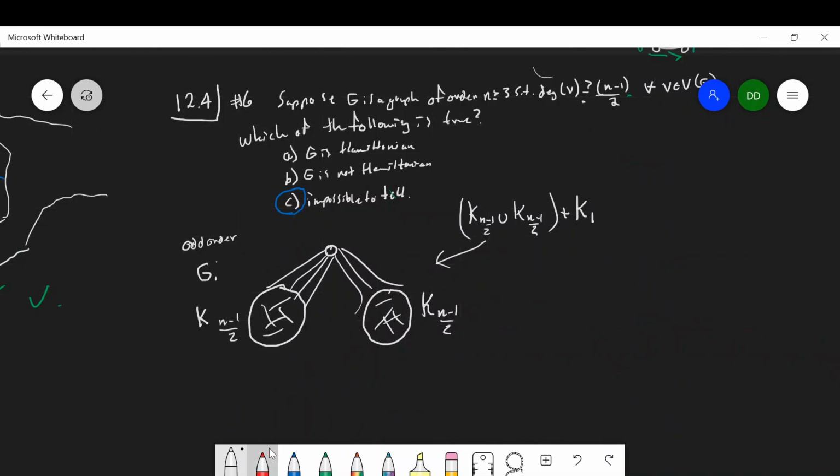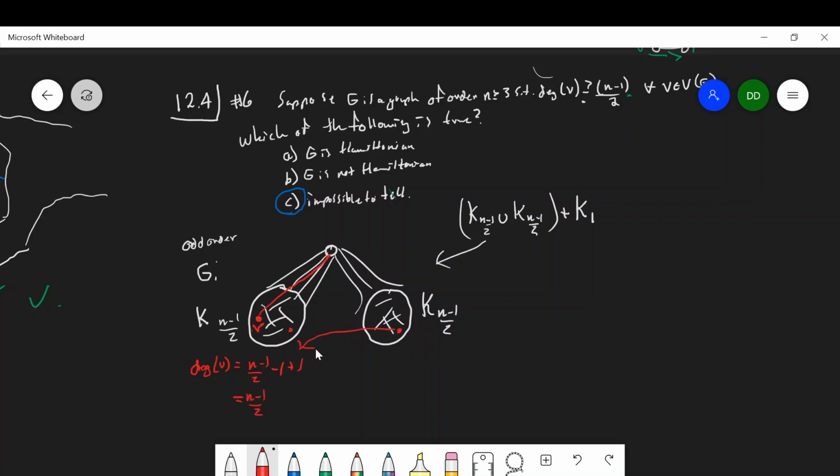So take a vertex down in here, it's adjacent to every other vertex in here, so I'm going to call this v. The degree of v is (n minus 1) over 2 minus 1, so that accounts for every other vertex down in this complete graph, but then it's also adjacent to this vertex up here, and so that's plus 1, and so the degree of every vertex in this one is (n minus 1) over 2. The same will be true for any vertex here.